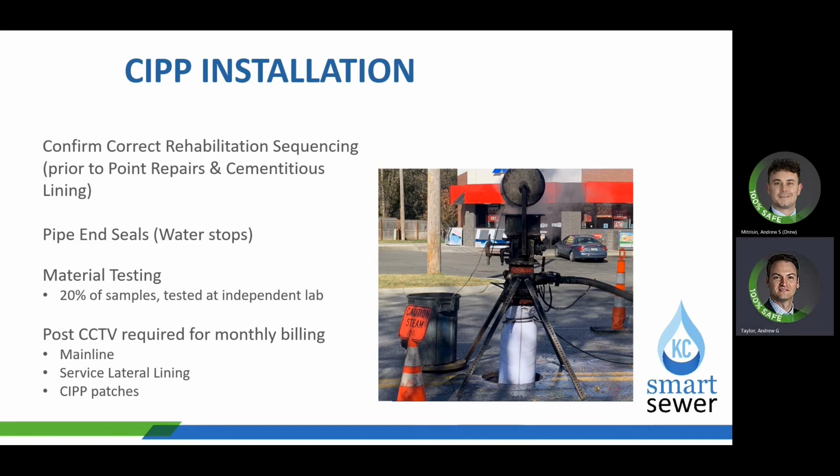It's also important to note that the contractor is placing the pipe in seals or the water stops during the installation process and collecting material samples for testing. 20% of those samples will be sent to an independent lab. So make sure that they are taking these samples and also, within these lab results, that they're sending the submittal back to you for approval of the result of the tests.